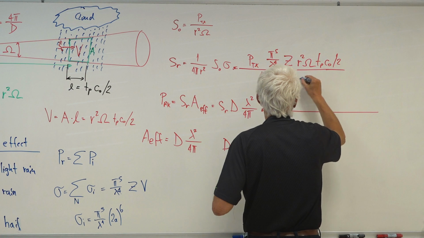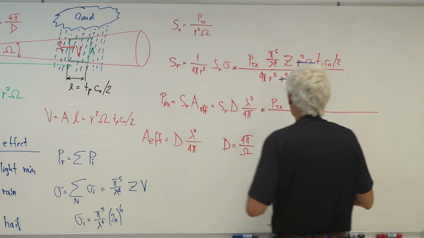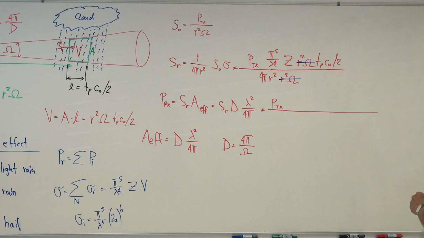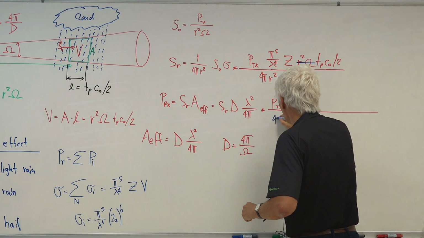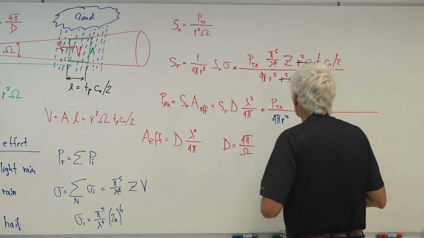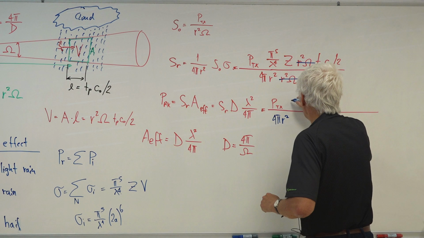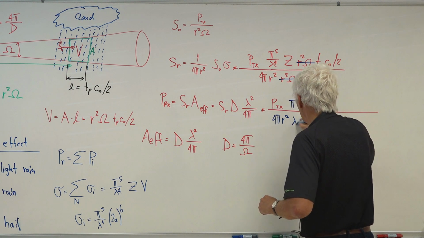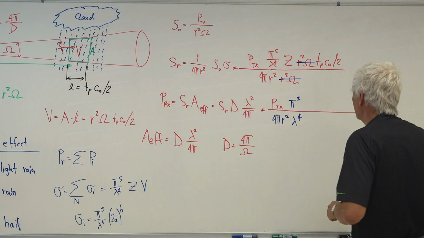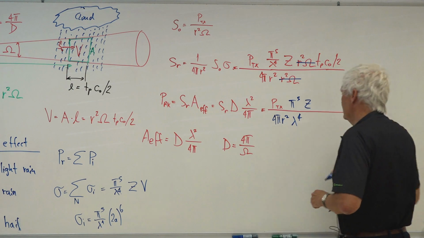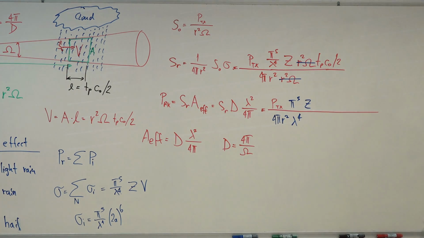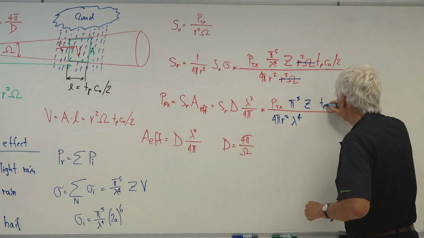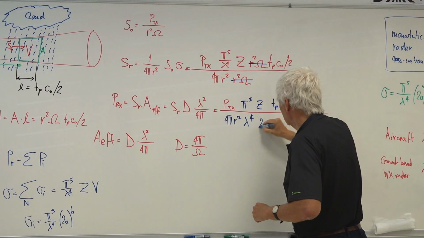So let me see, this cancels with this, and I still have many pi's over there. So 4 pi r squared, pi to the 5th power, lambda to the 4th power, Z, the reflectivity of my raindrops, t pulse, c0 over 2.